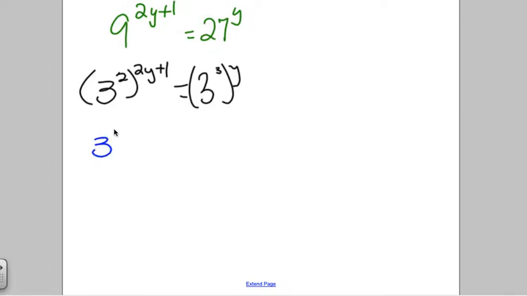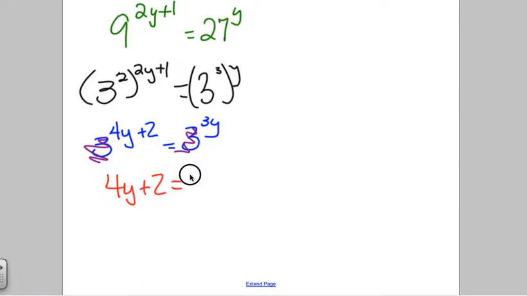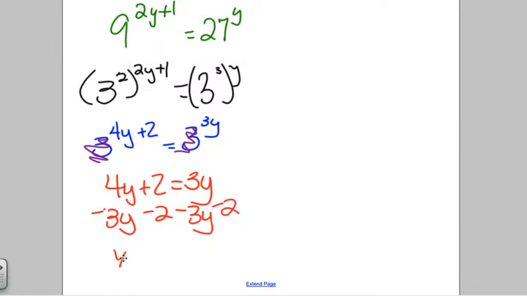So this is 3 raised to the 4y plus 2 and 3 to the 3y, because I would distribute that 2 throughout. Now I can drop out my bases and just have 4y plus 2 equals 3y, and subtract 3y and subtract 2, so that y equals negative 2.